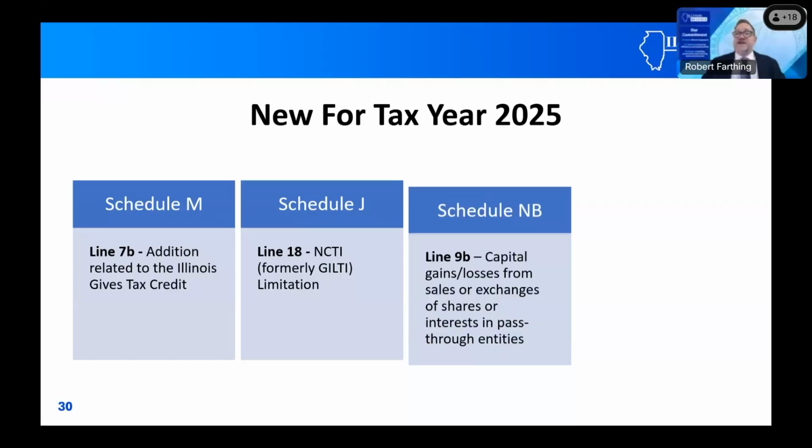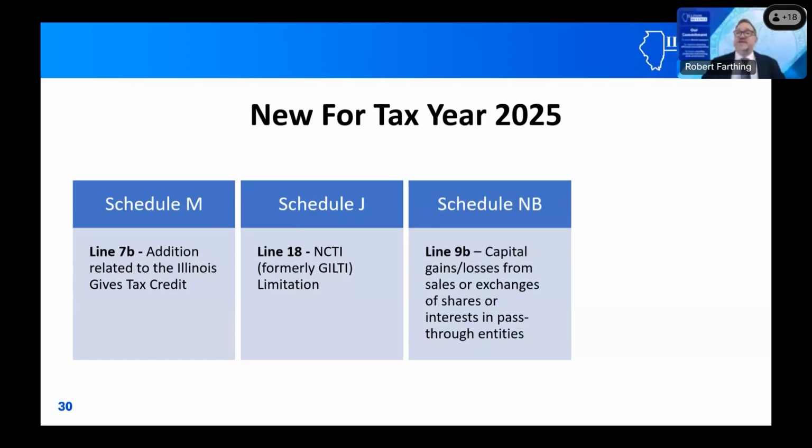Effective for tax years ending on or after June 16th of 2025, gains and losses from sales or exchanges of shares in S corporations or from interest in partnerships are allocable to Illinois if the pass-through entity is taxable in Illinois. Line 9 of the Schedule NB, non-business income, has been reformatted to include these gains or losses.